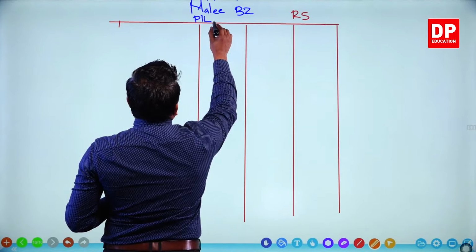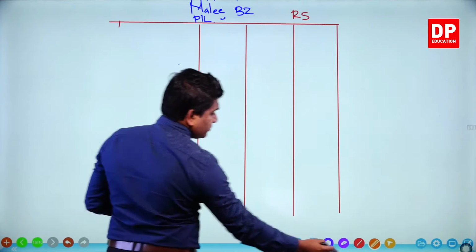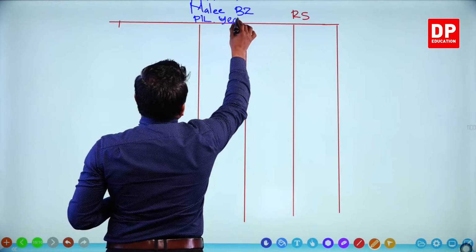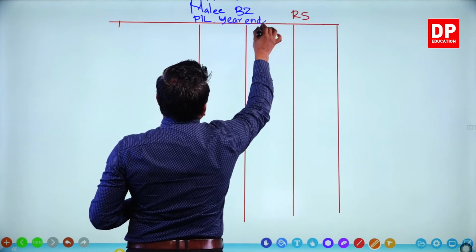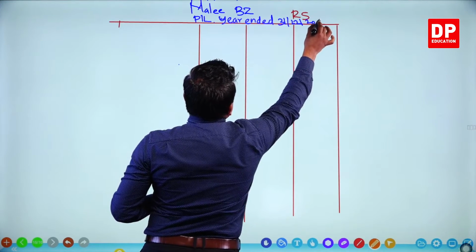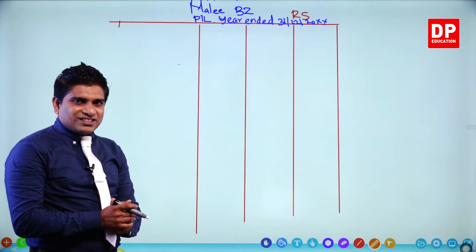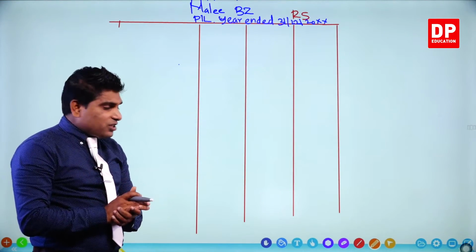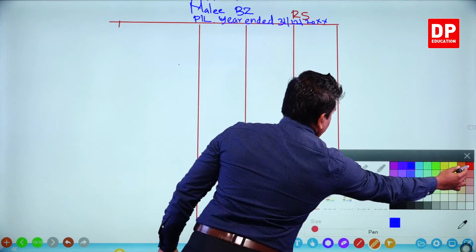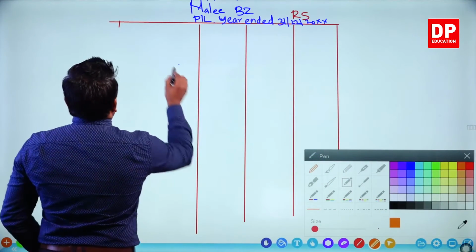Year ended 31st December 20 blah, where blah means they put crosses, so we put crosses. Now you remember, on the top of the profit and loss statement, what do we write? We write sales.